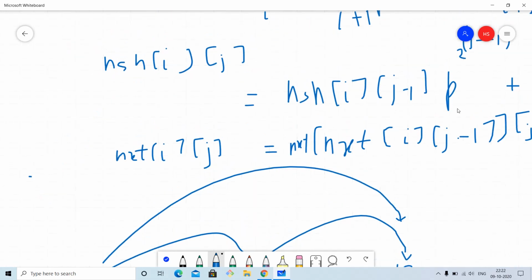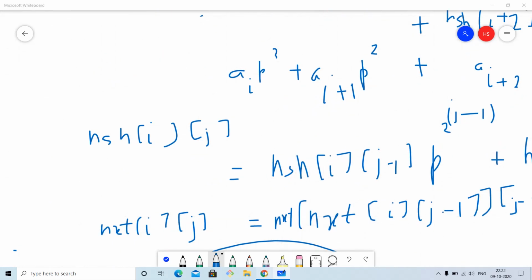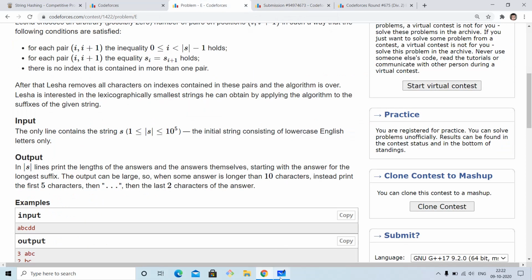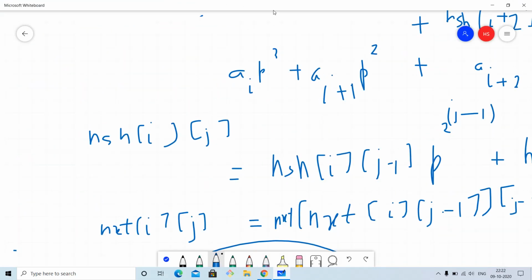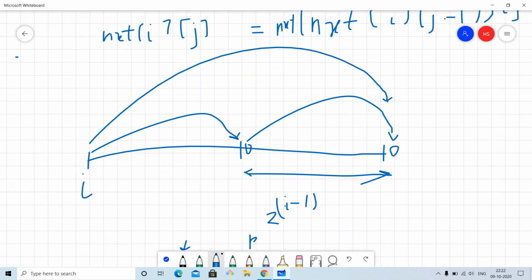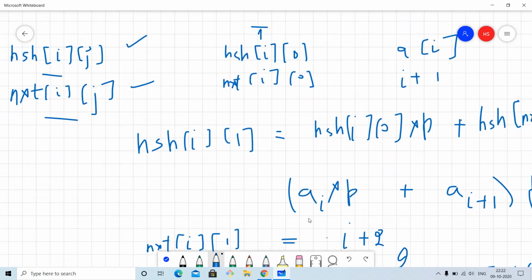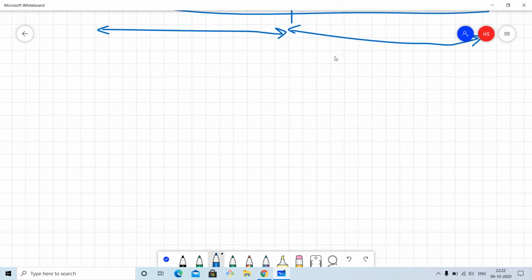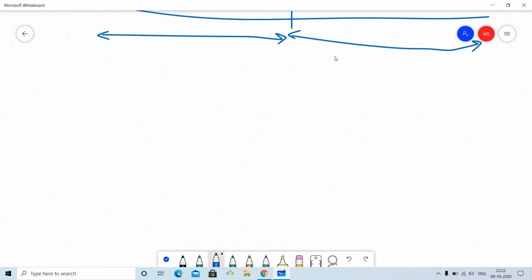Now let us look at the code to understand it a little bit better. So yeah, this is also one thing we have to understand. I told you here that when we have to compare two strings, we will compare them with their hash values up to length 2 to the power some length.